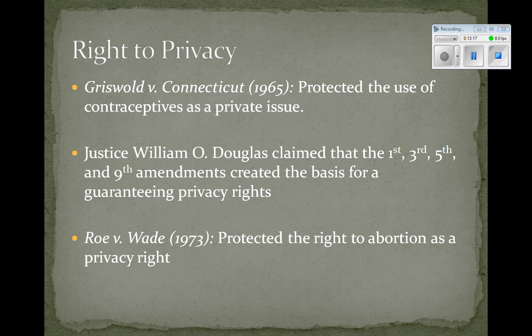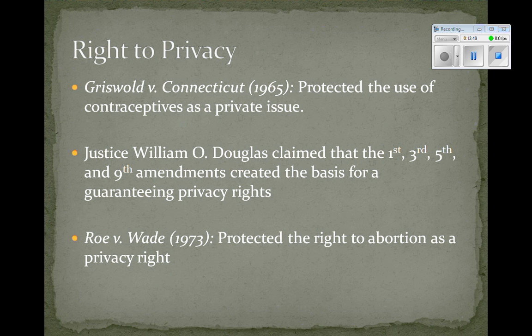However, in 1965 in Griswold versus Connecticut, the Supreme Court ruled that the use of contraceptives by females is a protected right guaranteed to them through their right to privacy. So they can't be denied access to contraceptives because they are guaranteed privacy. And that privacy should be between the person and their doctor.